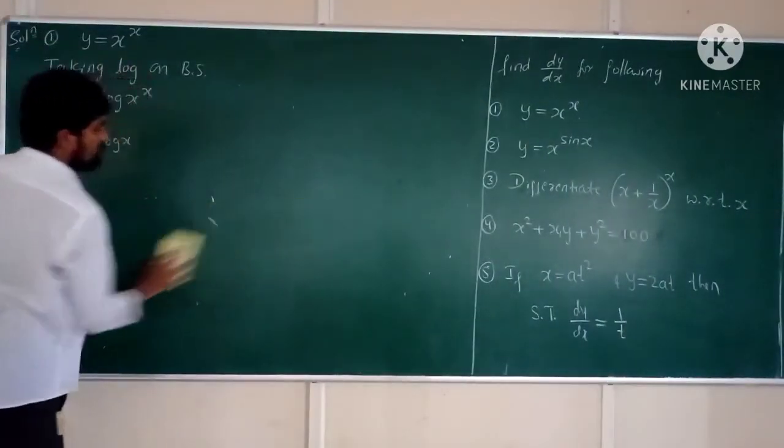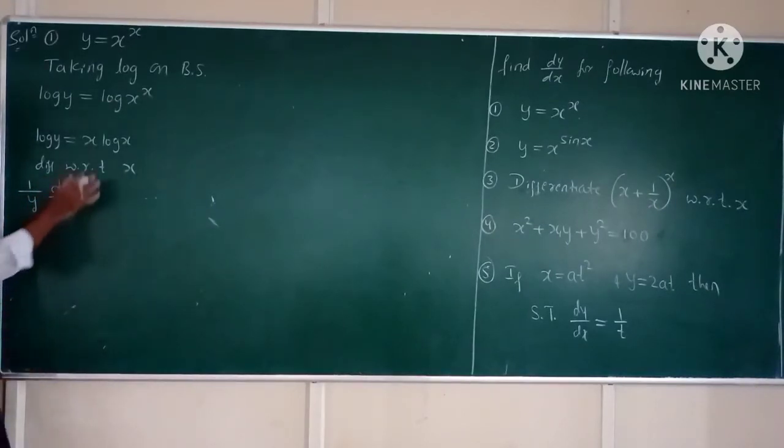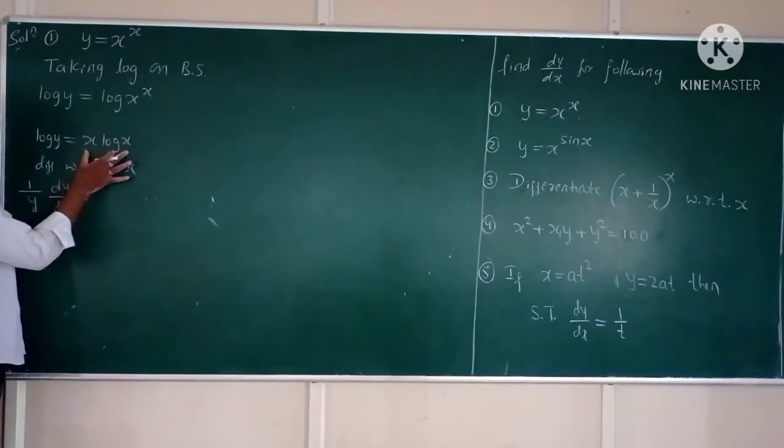So differentiate with respect to x. The derivative of log y with respect to x is 1 by y into dy by dx, equal to the derivative of x log x. We need to use the product rule here because x is a function as well as log x is a function.